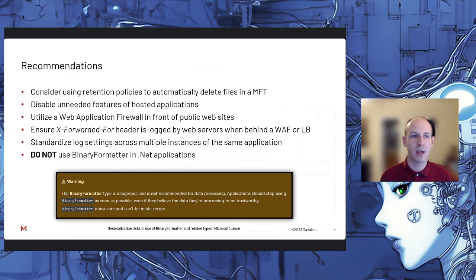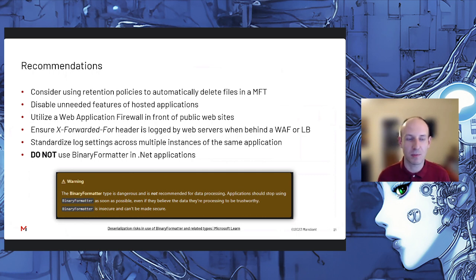And then probably the big one: do not use the BinaryFormatter that is available in .NET. Microsoft even says in their documentation that this function is insecure, and there's no way to secure it. So if you have that in your code, there's probably a chance that an attacker will find it and potentially try to exploit it.